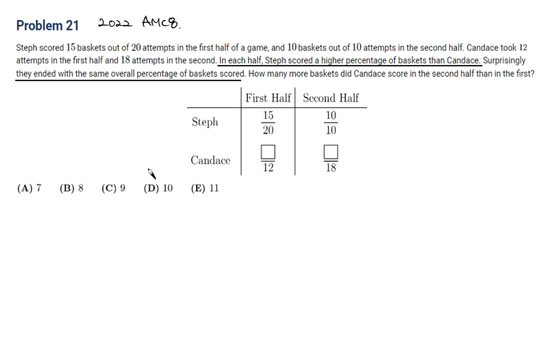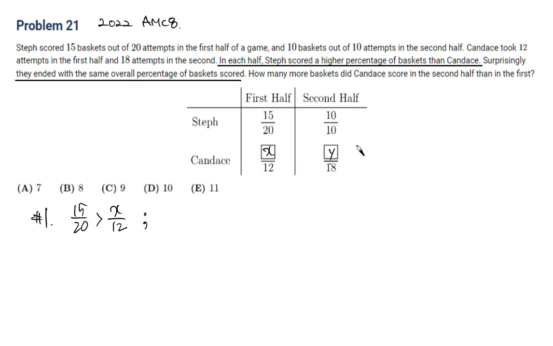All right, so let's try to label. These are X and these are Y. And the number one piece of information is that Steph has to have a higher percentage of scoring baskets than Candace. So 15 over 20 must be greater than X over 12.